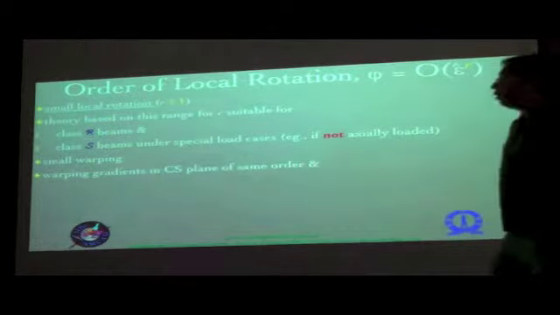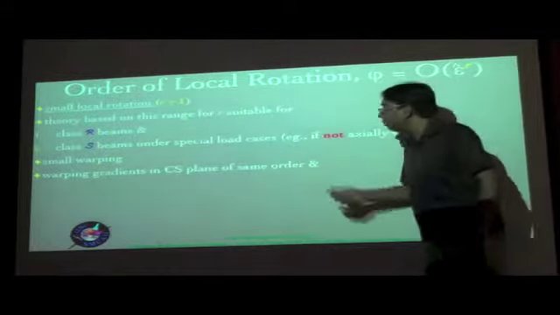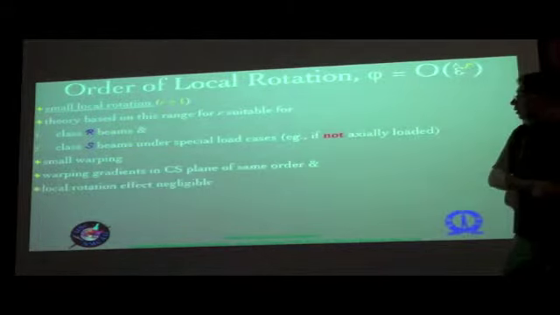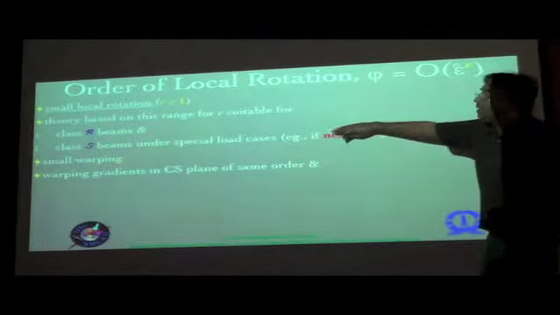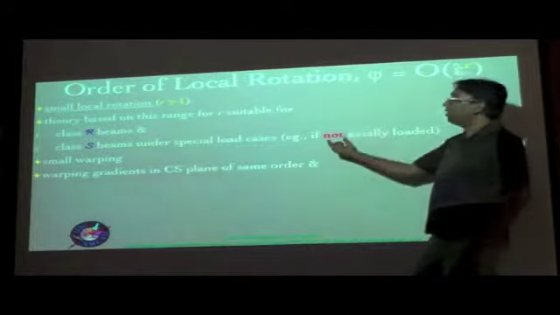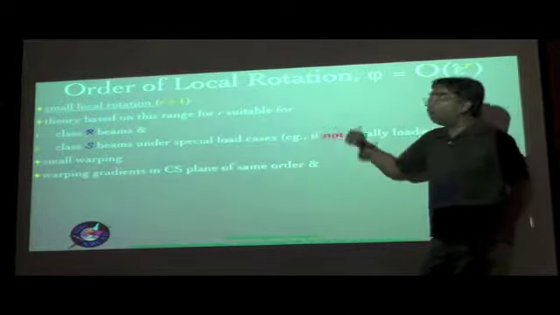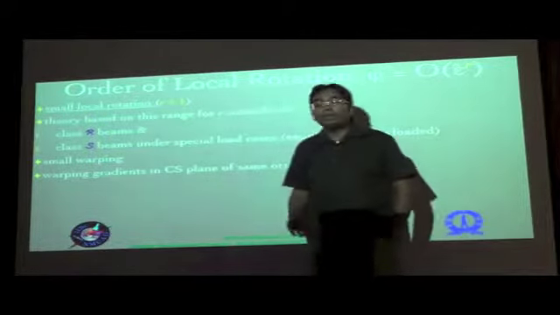So then the warping gradients in the cross-sectional plane are of the same order, because it's an R class beam, for example. Let's forget the second example that I gave for now, because it comes under some special loading cases for which further restrictions will be involved. Let's focus just on the class R beams.